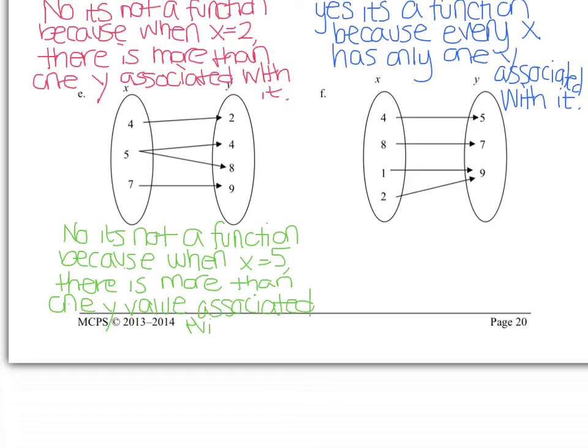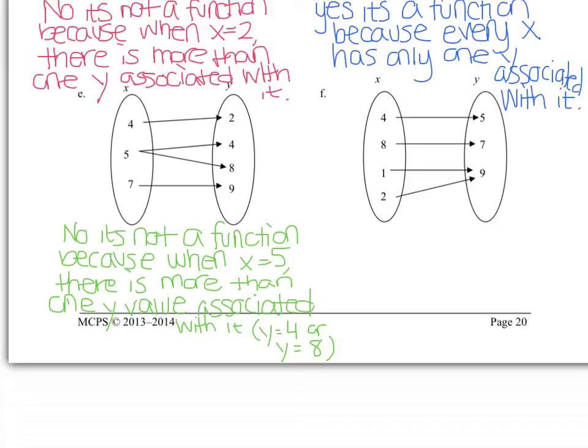And I forgot to, oh, sorry about the handwriting. I forgot to do this with the problem above, right up here, but it would be best to give an example, y equals 4 or y equals 8 when x equals 5.